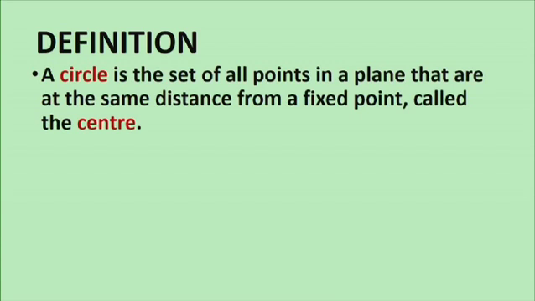So let's begin. There have been several definitions of the circle, but from the same school of thought. Here I have chosen a simple definition. A circle is the set of all points in a plane that are at the same distance from a fixed point called the center.